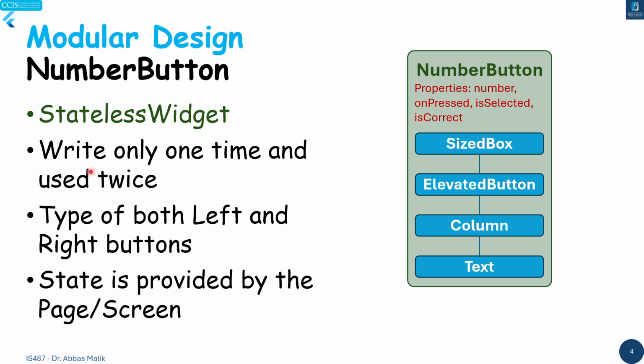We write it once and then we can use it twice for both the left and right buttons, and the state is provided by the page in which this button widget is used. We have a sized box, then the elevated button, then a column, then text, and we put all that information in, with final properties in that stateless widget. The number is actually the state coming from the page in which this widget appears.